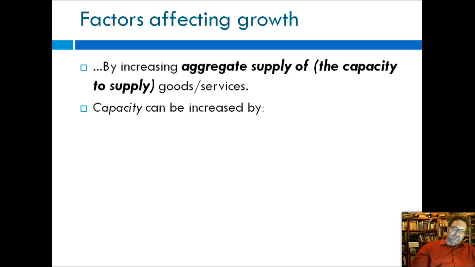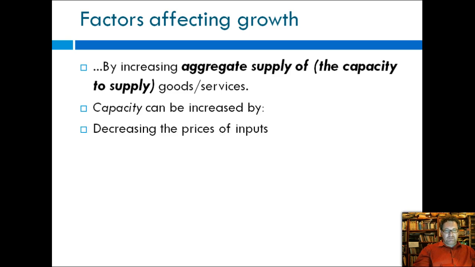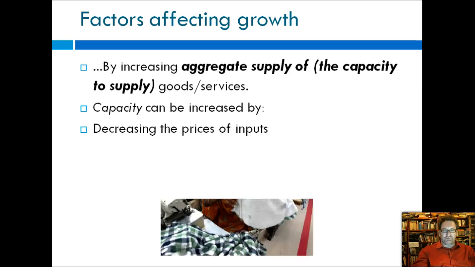So how do you do that? How do you increase the capacity to produce more or increase potential GDP? Well, there's a list. First on the list is by decreasing the prices of inputs.